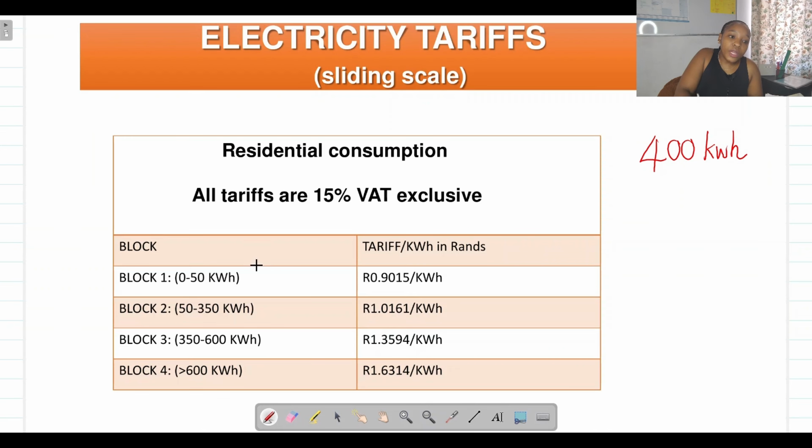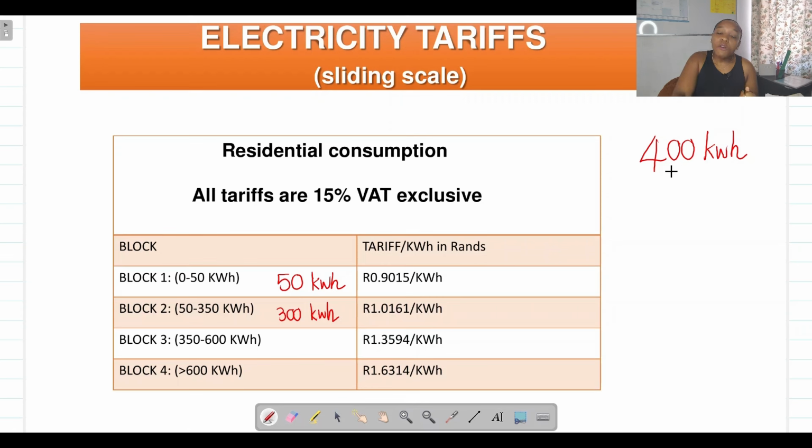Okay, so what do we know now? We know in the first step, the maximum is going to be 50 kilowatt hours. So that's fine. In the second step, guys, we said that it's going to be 300 kilowatt hours as your maximum. So already we've got how many kilowatt hours of electricity now? 50 plus 300 is 350.